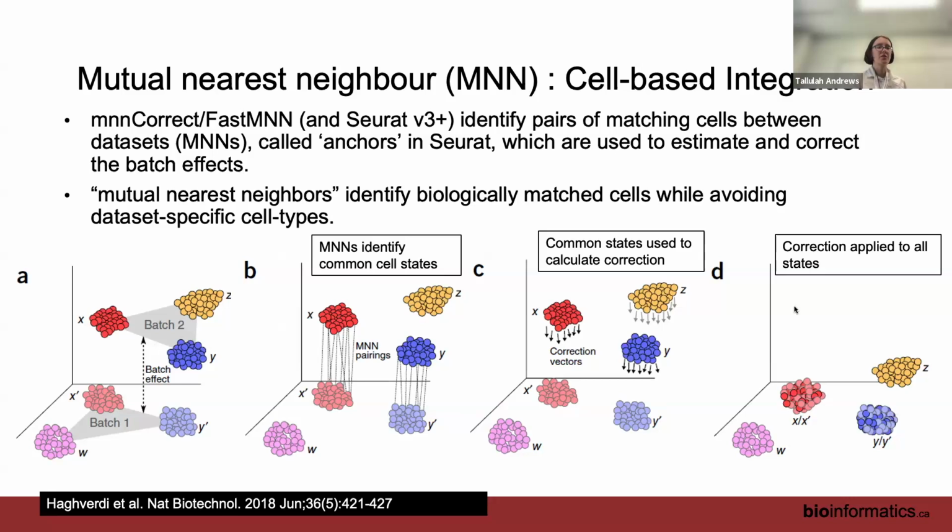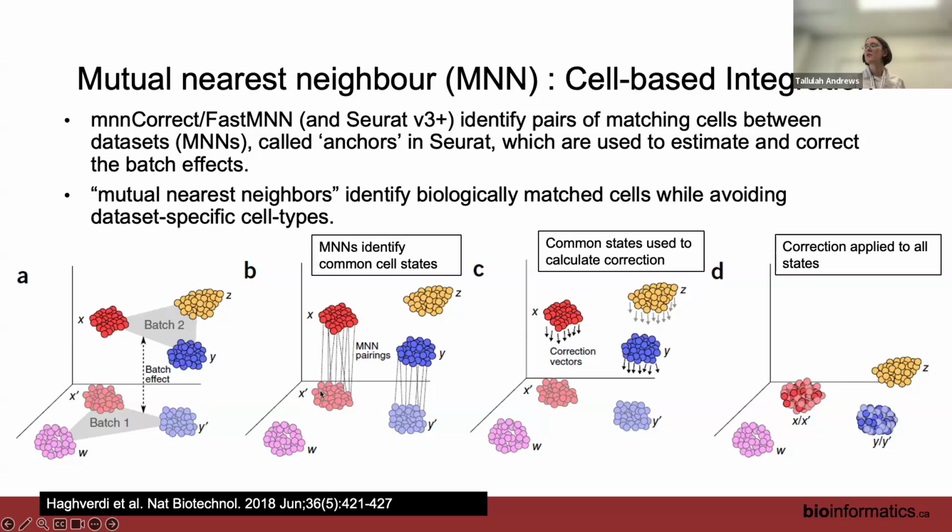Another option is mutual nearest neighbors, which is kind of on the opposite end. This one is not very harsh, but it's more careful to not mix together things that shouldn't be mixed together. It's based on the concept of mutual nearest neighbors. Here we have our one batch up here, our second batch down here, and the colors indicate the different cell types. Take each cell in this batch and find the most similar cell in the other batch.